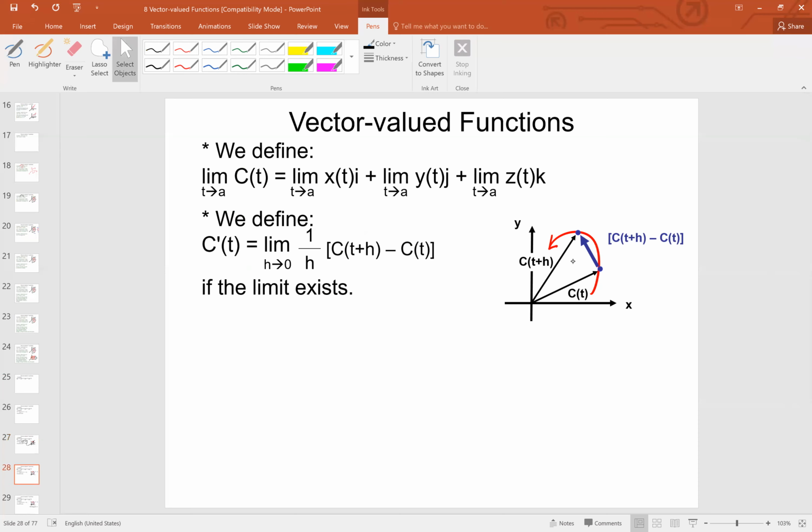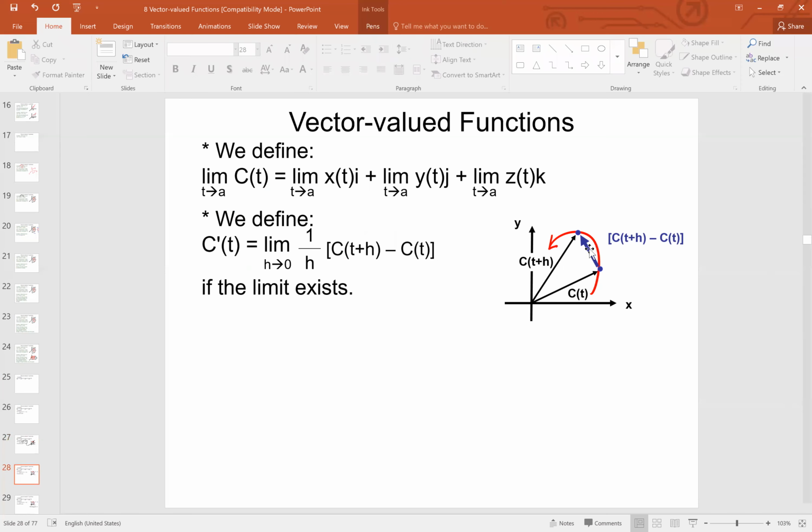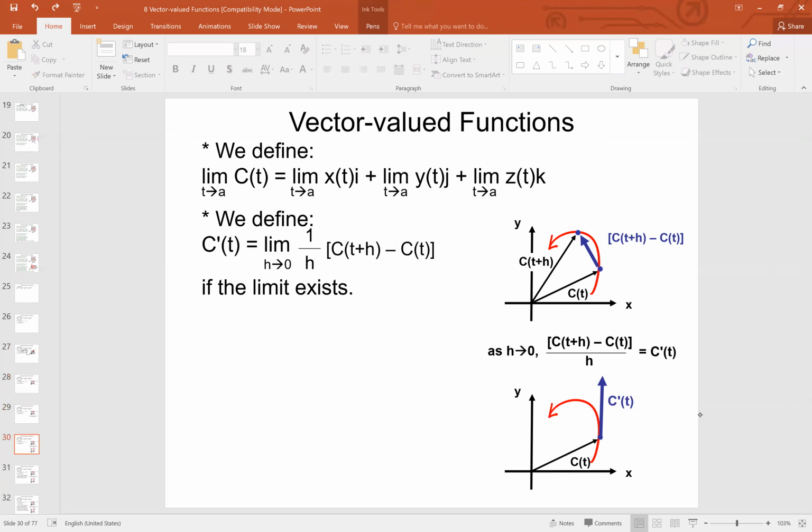When h goes to 0, this position change vector changes as I move along the red line, and then I divide it by h. In the limit of the difference quotient, I will get a vector that's first of all tangent to the curve.